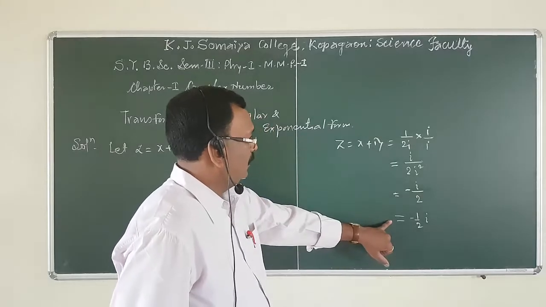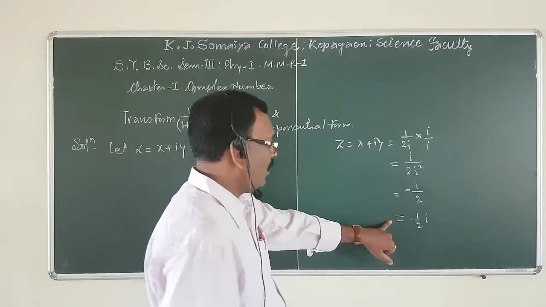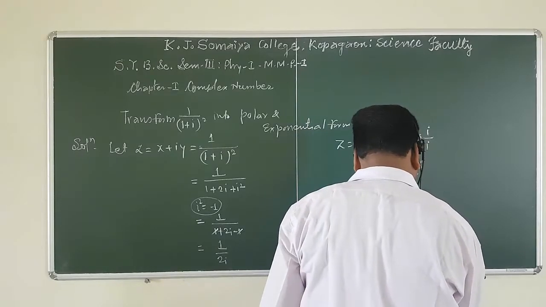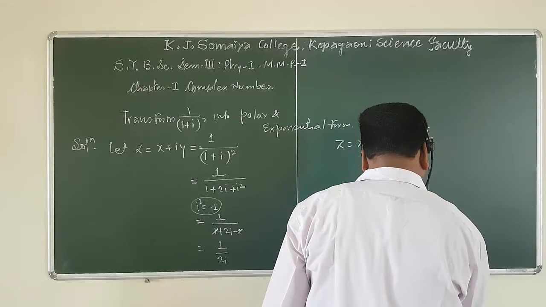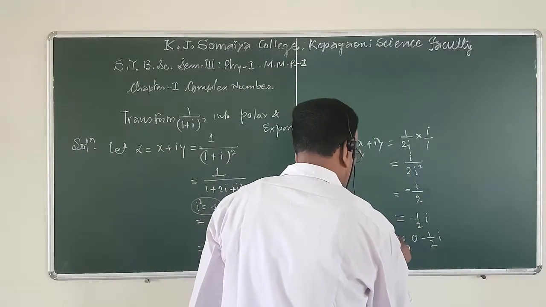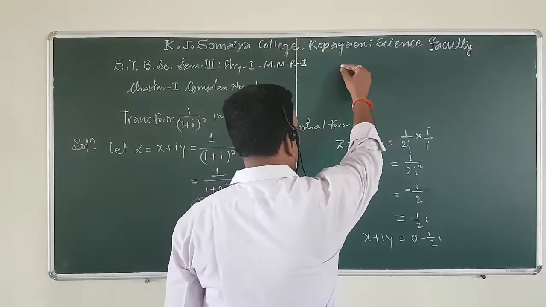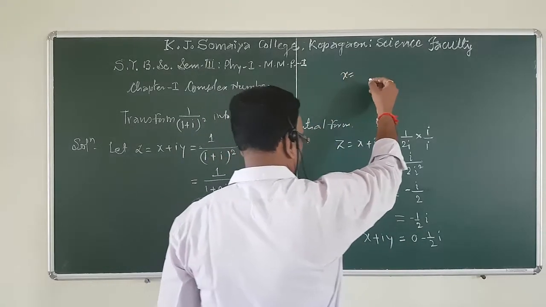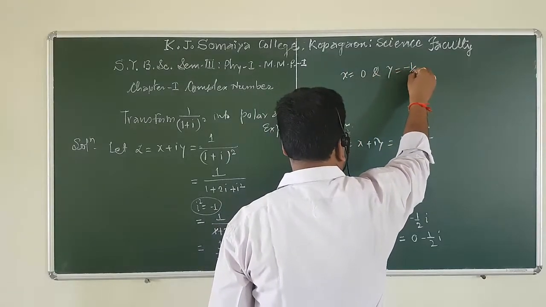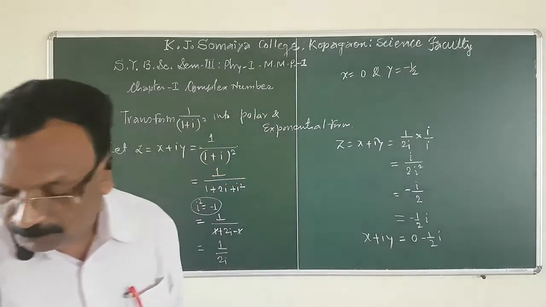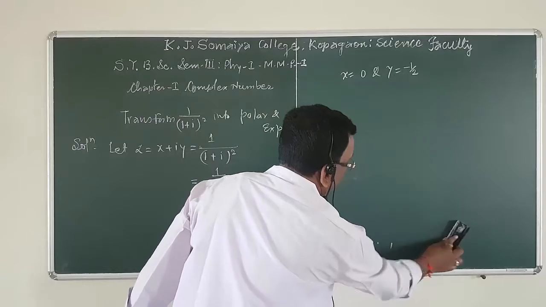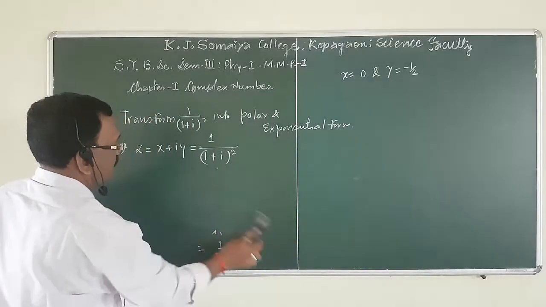Now, we can again write this equation like this: 0 minus 1 half i. Now, compare the x and y. We have value of x is equal to 0 and value of y is equal to minus 1 half. From these two values, we can find the modulus of this complex number.